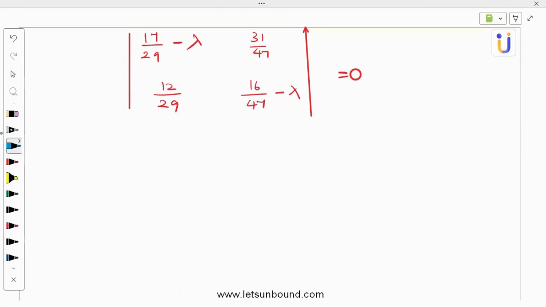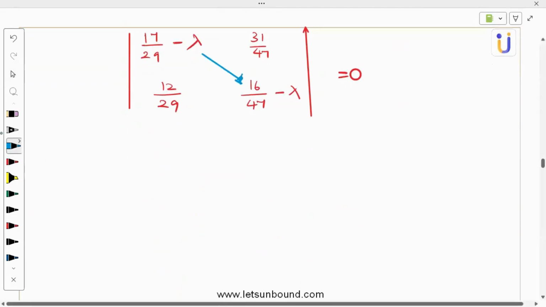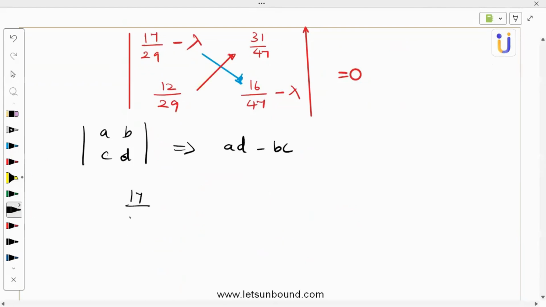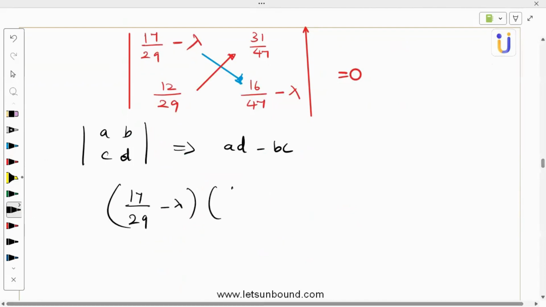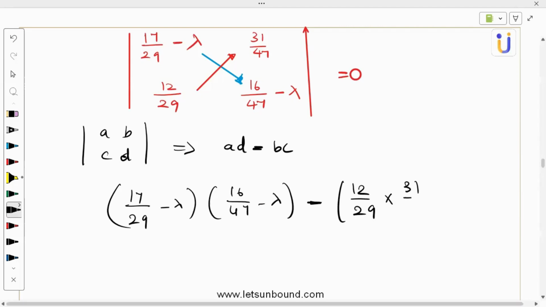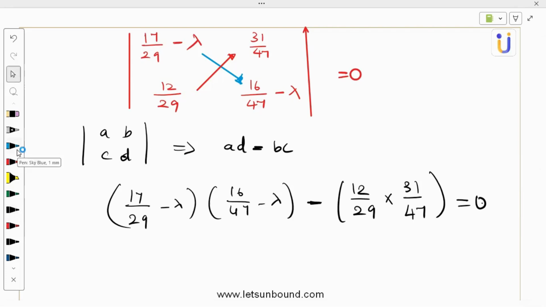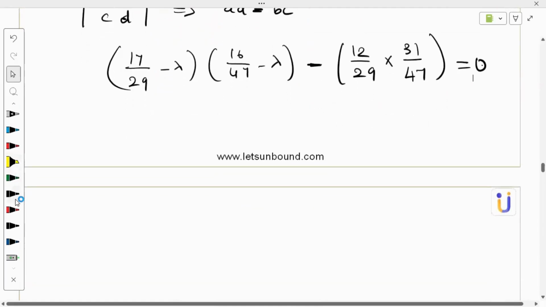So now we need to just find the determinant. If you have A, B, C, D, the determinant is nothing but AD minus BC. So in that way, 17 by 29 minus lambda times 16 by 47 minus lambda, then minus 12 by 29 times 31 by 47 equals 0. Right? And then it's quite a normal multiplication, but time consuming.